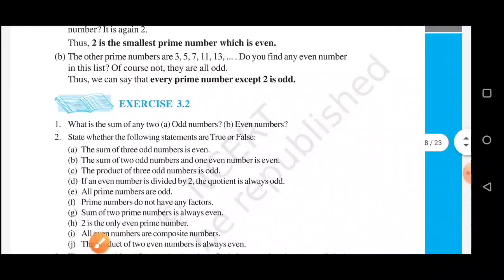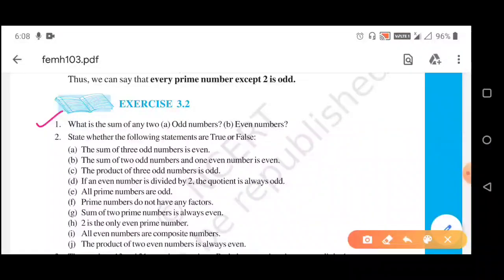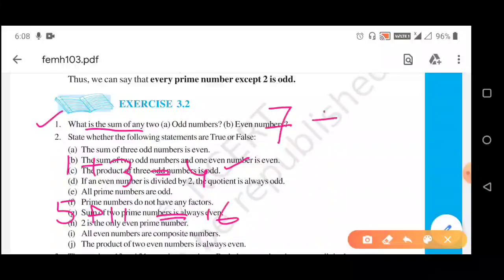Here the first question is, what is the sum of any two odd numbers? Suppose we are adding any two odd numbers, we get an even number. If we add 5 plus 11, we get 16. If we add 7 plus 9, we get 16.